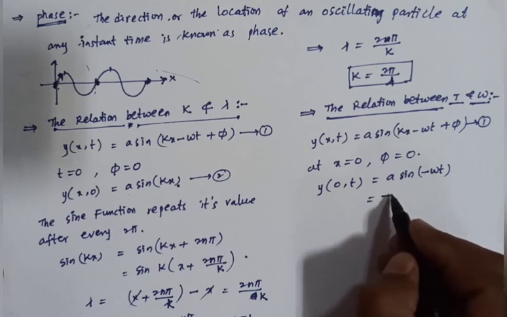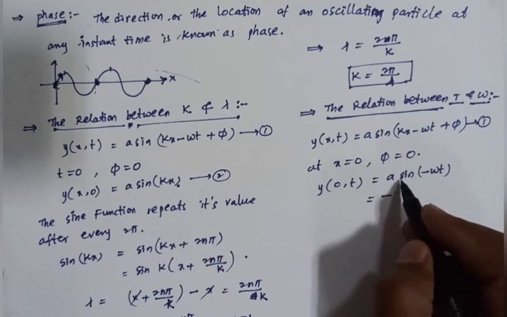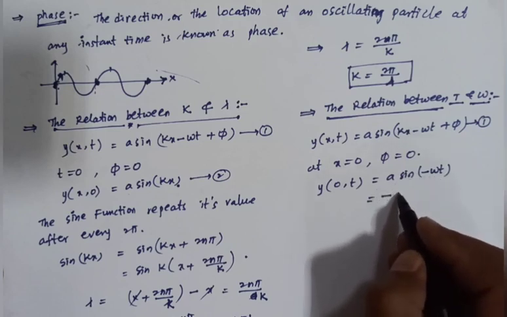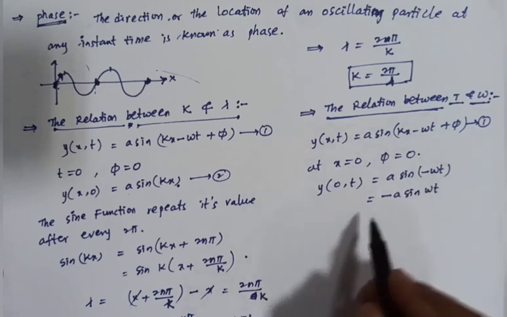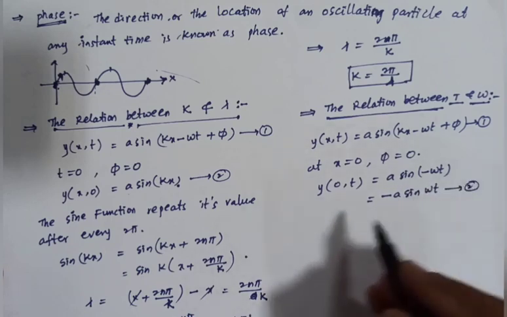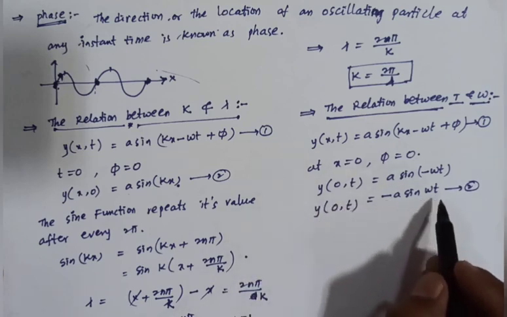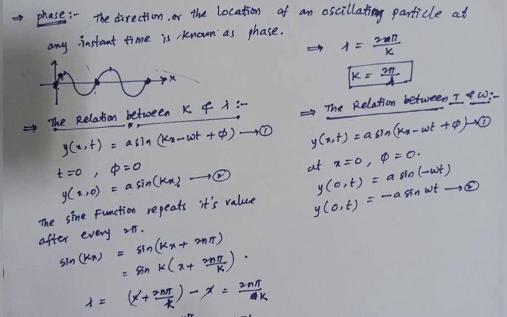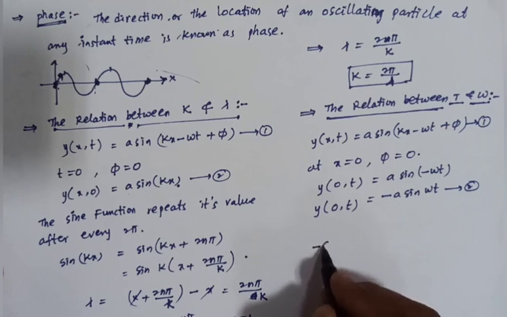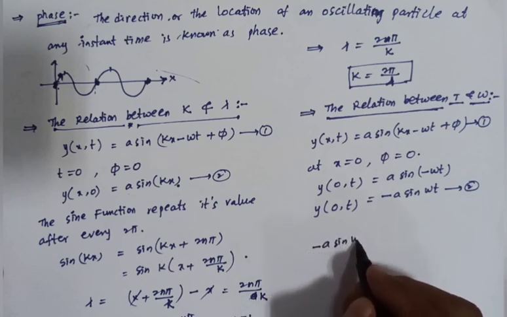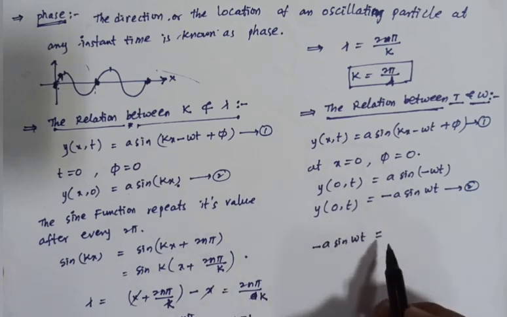Since sin of minus theta equals minus sin theta, we get minus a sin omega t. This is equation number 2: y(0, t) equals minus a sin omega t.